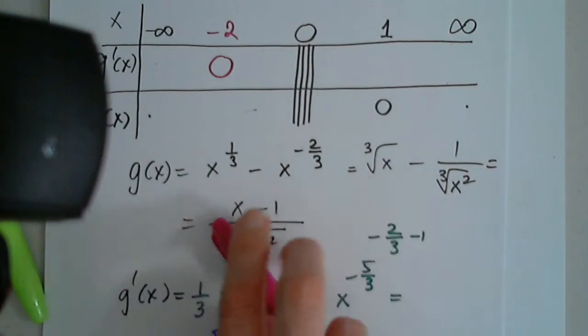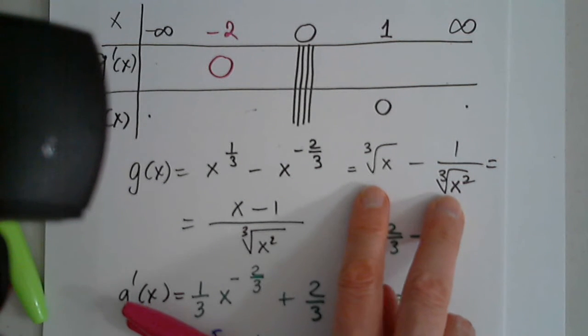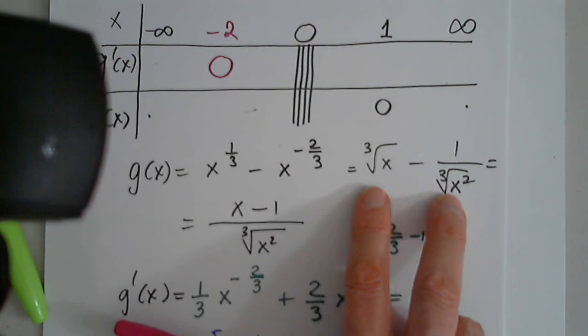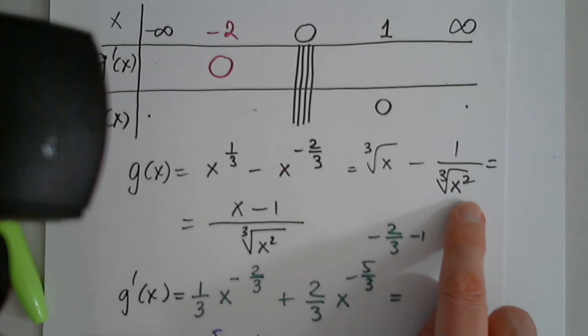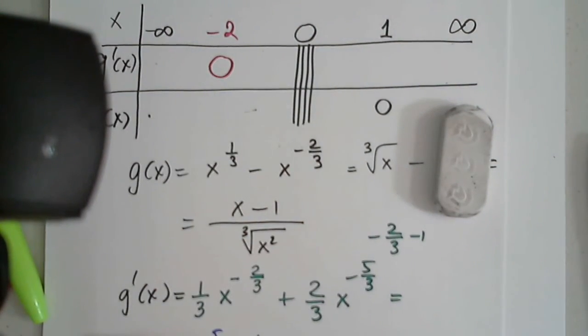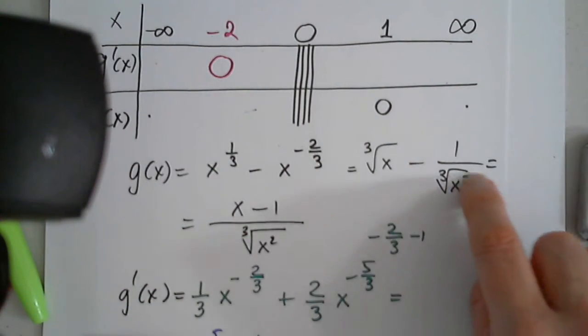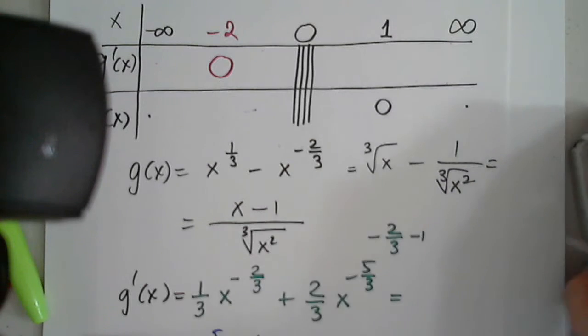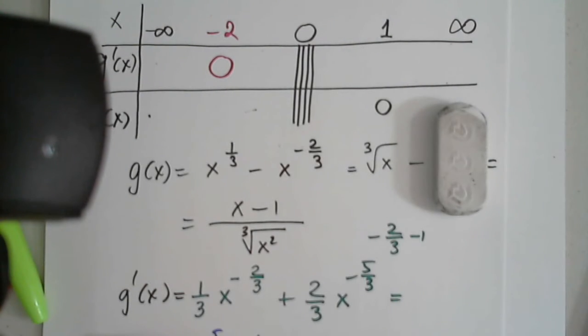Which one counts at infinity? The -2/3 one? Yes. At infinities, this is 0. It's 1 over infinity, so small, very close to 0.